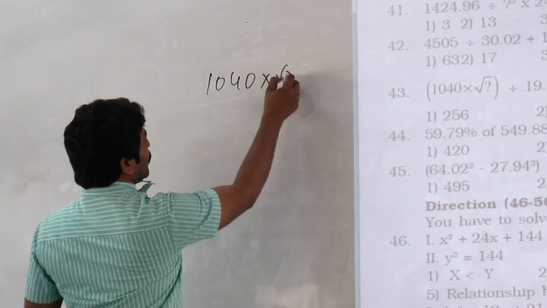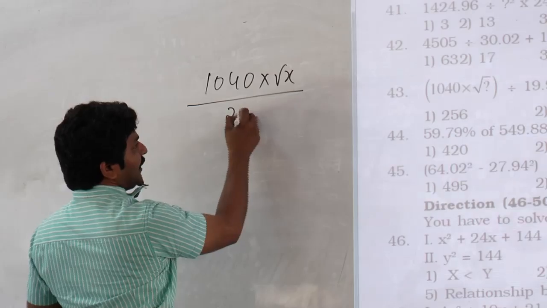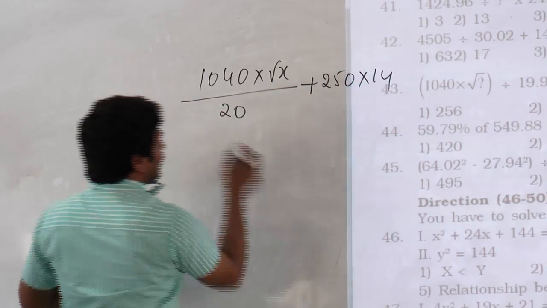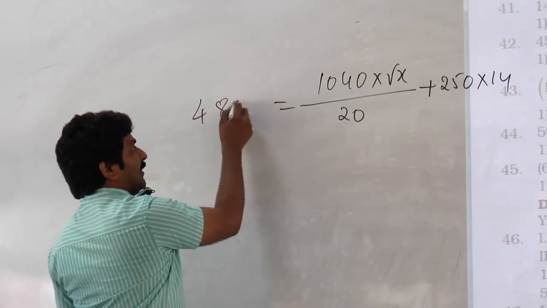Next, 1040 under root x divided by 20, plus 250 into 14, which is equal to 4800.